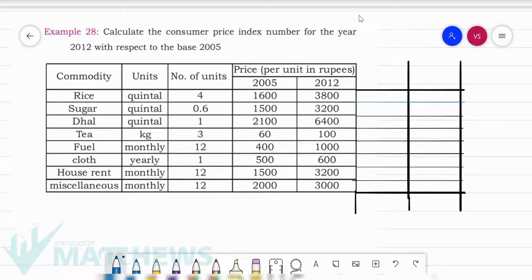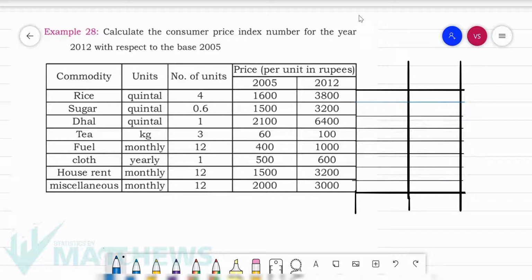Now, the problem that is there on the screen right now is very clear to you, students. It says: calculate the consumer price index number for the year 2012 with respect to the base 2005. This is the question that is given to us.